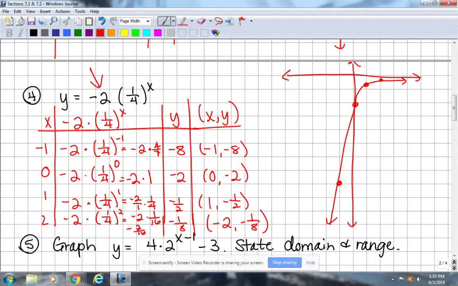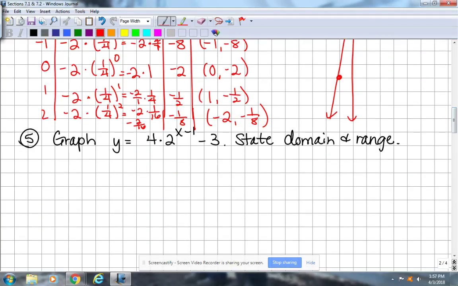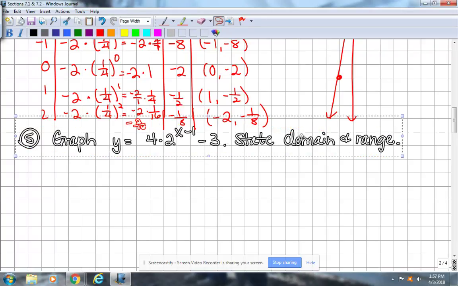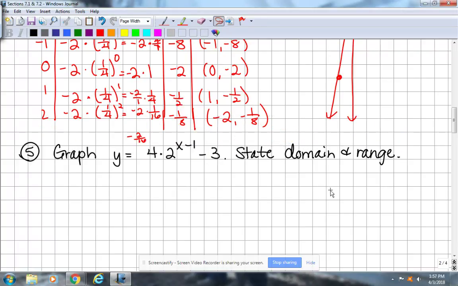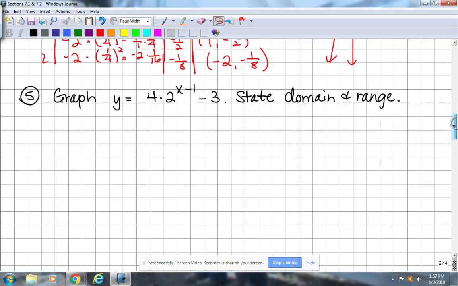All right. Let me scoot this one down. This is where it gets a little crazy. So you can see the whole thing. That's in the way. Look at this one. Now this one has a few little shifts to it.